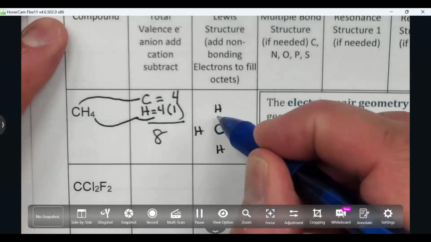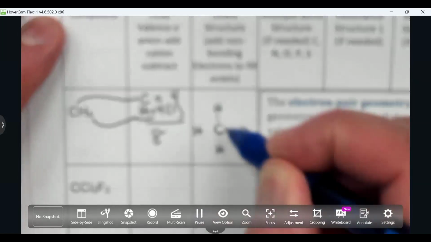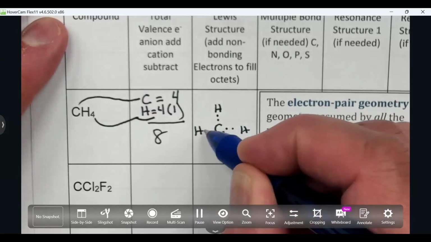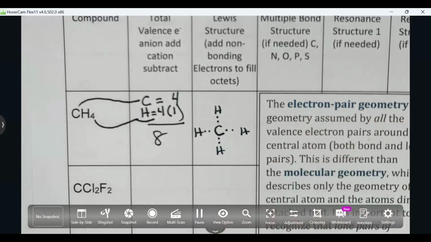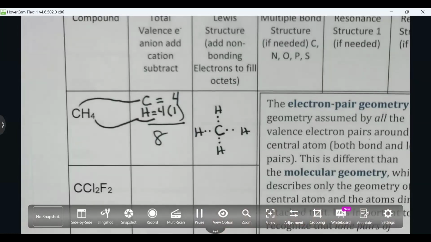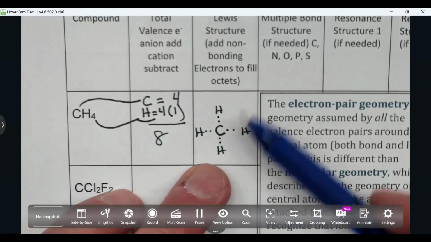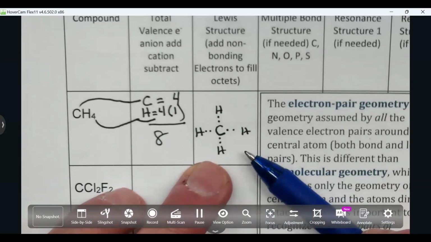We're going to make a bond with them by adding electrons. We do not need anything with multiple bonds. We are done.